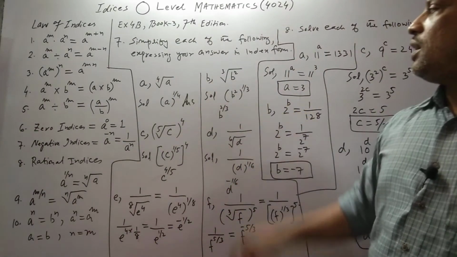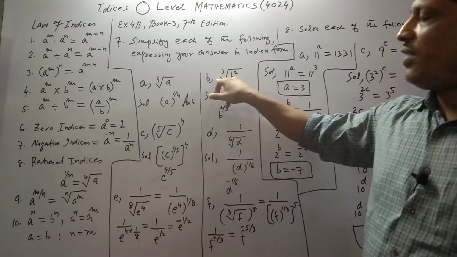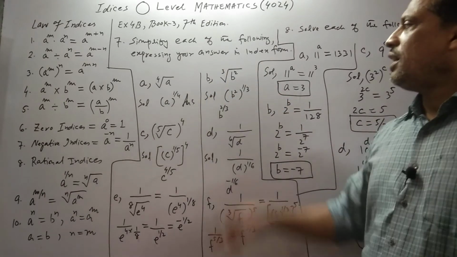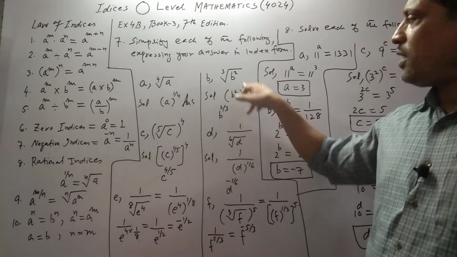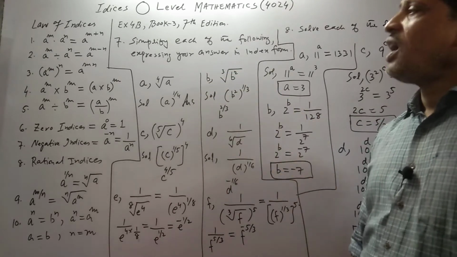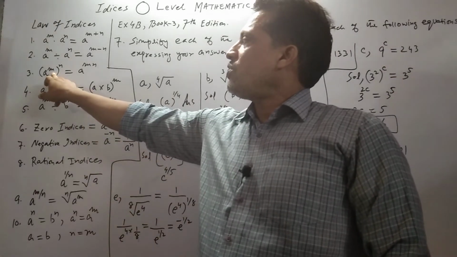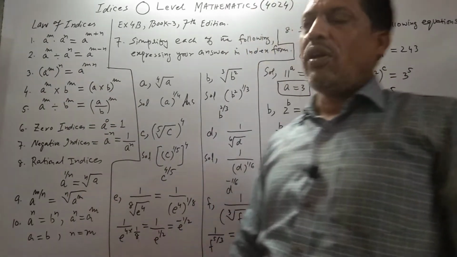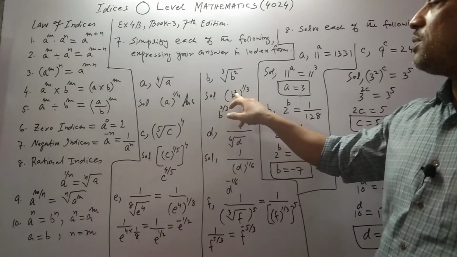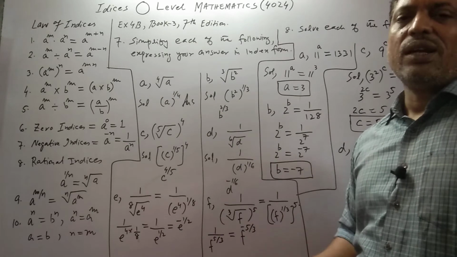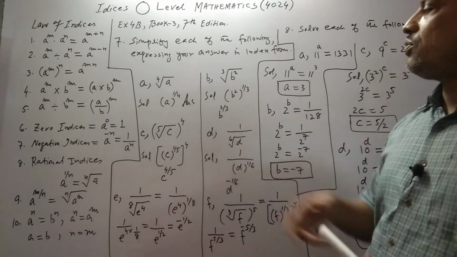Part B. Here b squared with radical sign and index 3. So convert this 3 into 1 upon 3. This b squared remains b squared. Apply the third law. What is the third law? If you see power to the power, it is always multiply. So this is power 2, this is power 1 upon 3. If you multiply 2 by 1 upon 3, you will get 2 ones are 2, 2 upon 3.